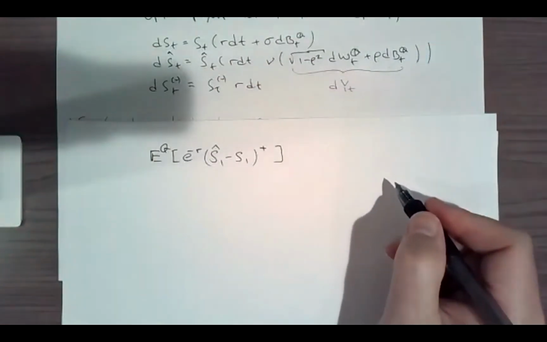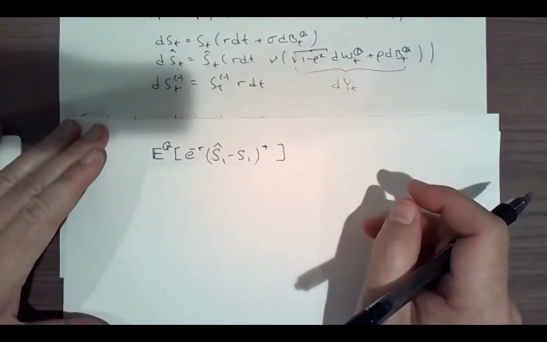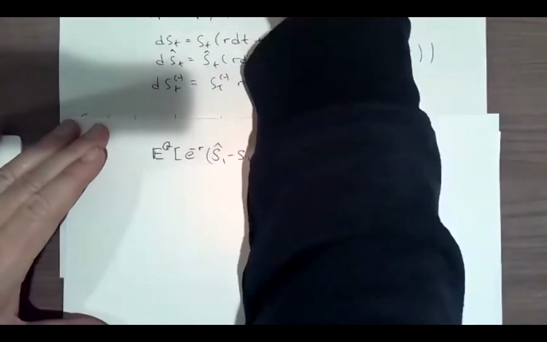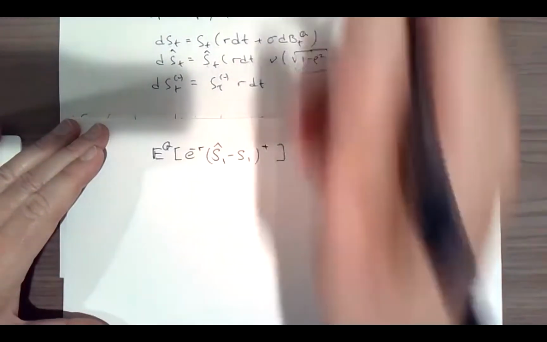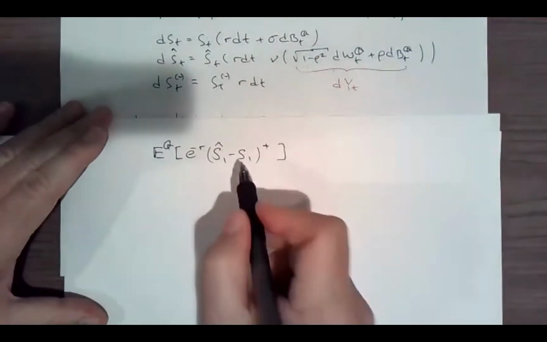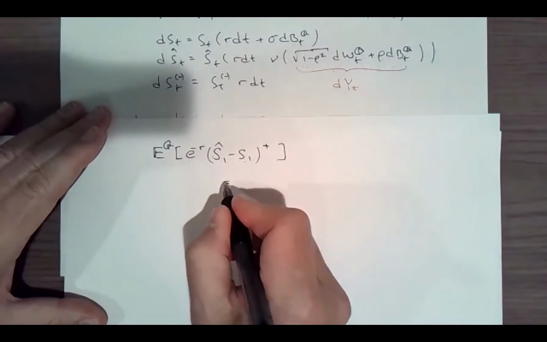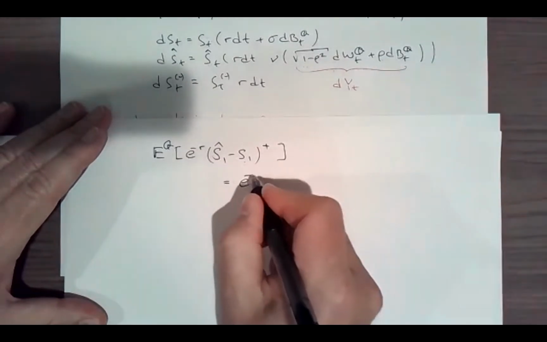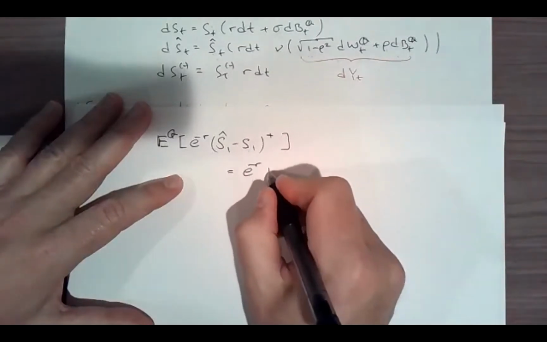You have to compute this expectation. And there's a hint that says you should maybe consider factoring out S1. So you can pull out e to the minus r, which is a constant, and you can factor out S1.